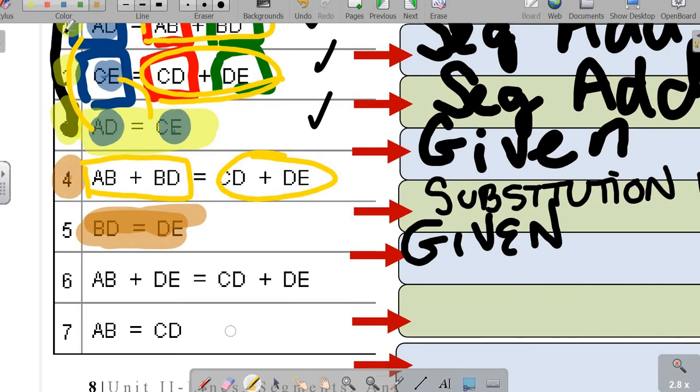Now, look at step 4 and look at step 6. What is the difference? Spot the difference. It's like a game. What is the difference between 4 and 6? I'll give you 10 seconds. See if you can spot the difference. Box it.